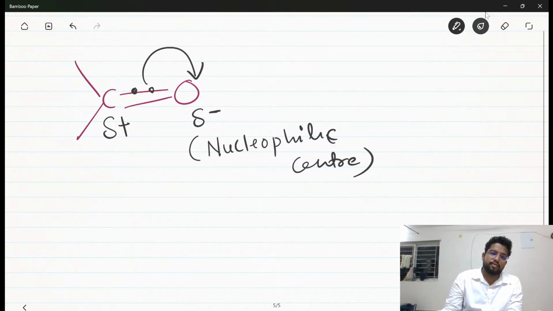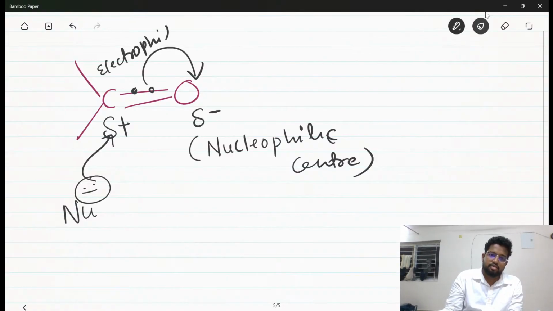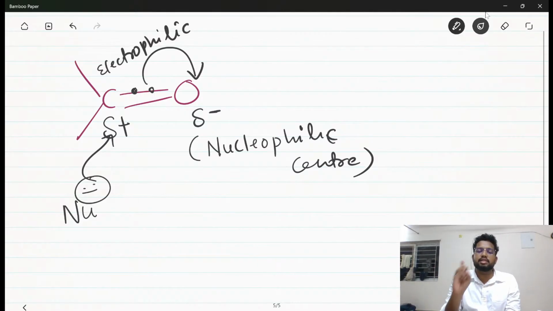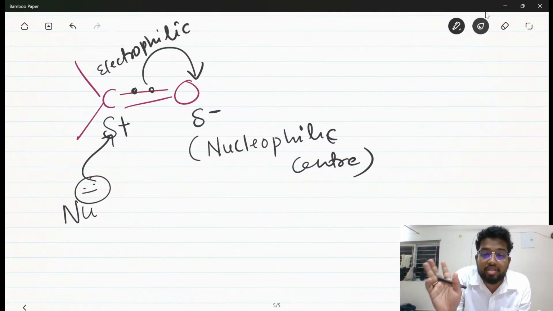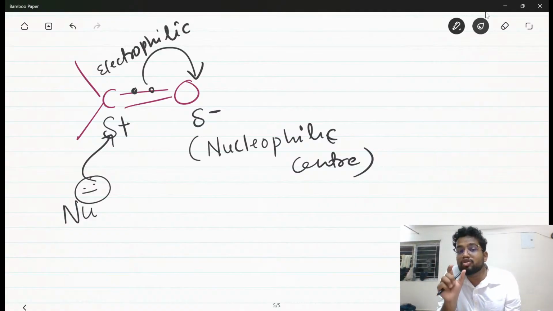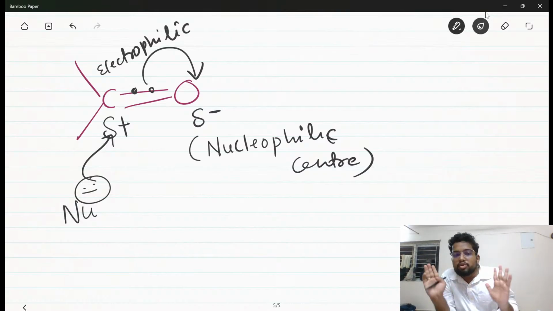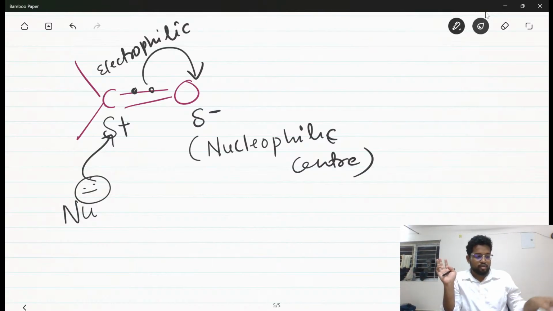It itself becomes a nucleophile and attacks other electrophiles. Whereas other nucleophiles will attack this point. This will become an electrophilic center. So carbon in carboxylic acid is electrophilic, whereas the oxygen is nucleophilic. What do you mean by electrophile? Electron loving group. And what do you mean by nucleophile? Nucleus loving group. Okay.